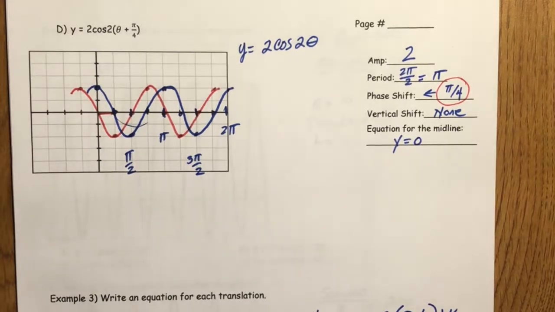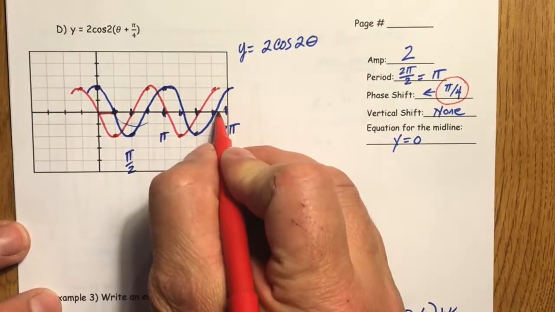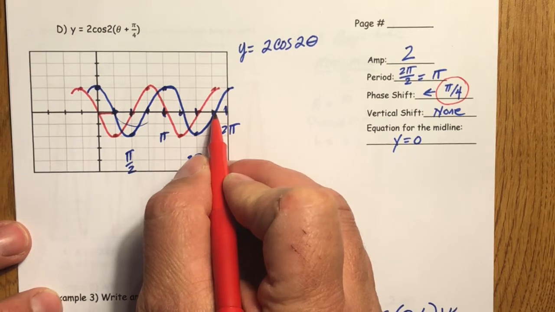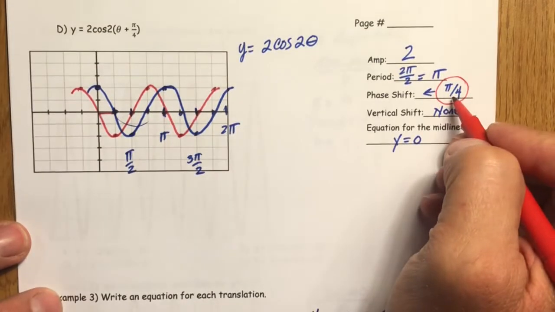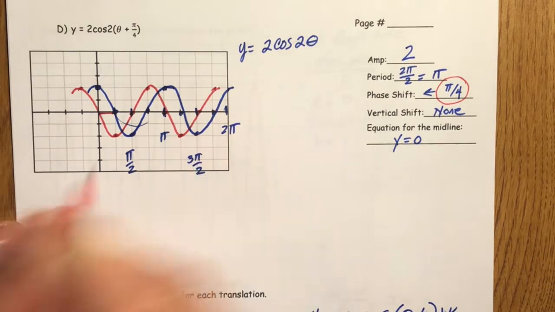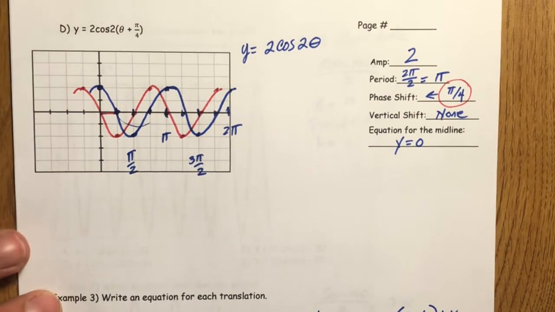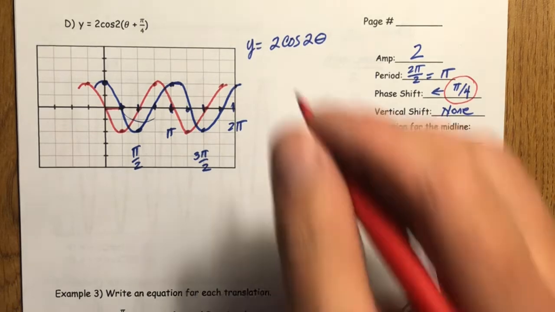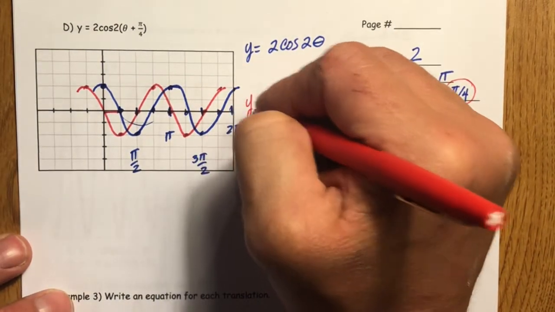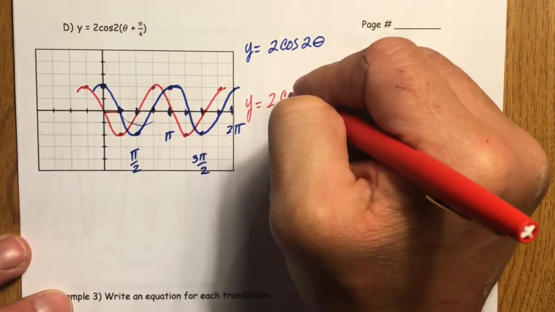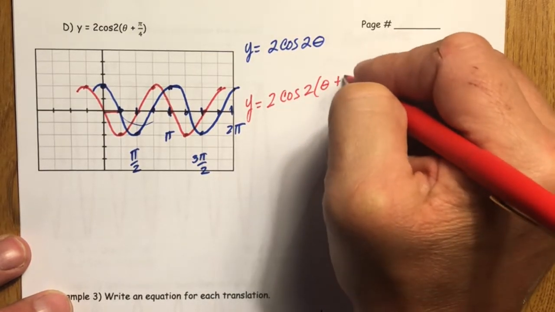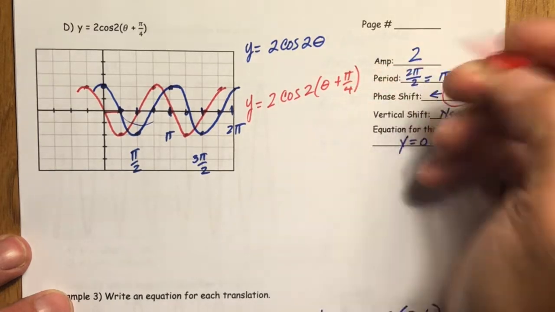There you go. I took the blue function and had a phase shift of pi over 4, so it moved left pi over 4. The red one is y equals 2 cosine 2 theta plus pi over 4.